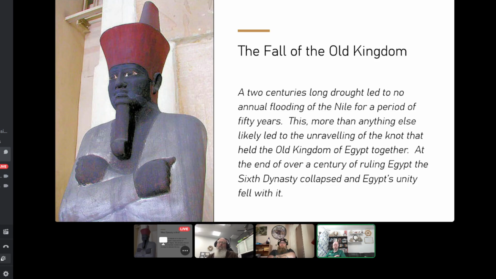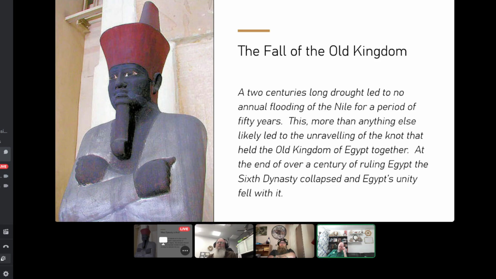There was no seasonal flooding, and the soil began to be less and less fertile and less nutrient rich. And as a result, the people began to starve.